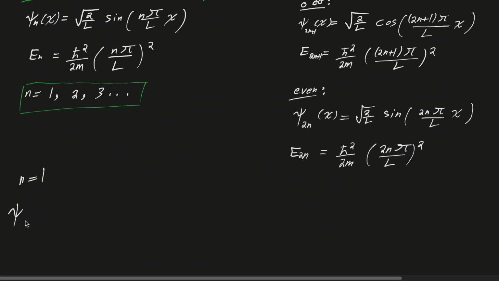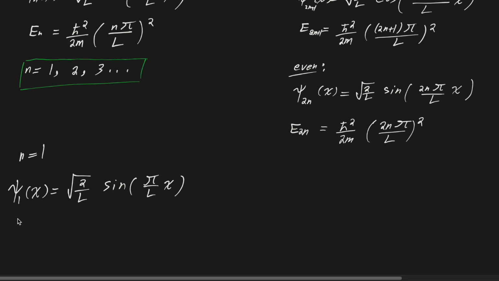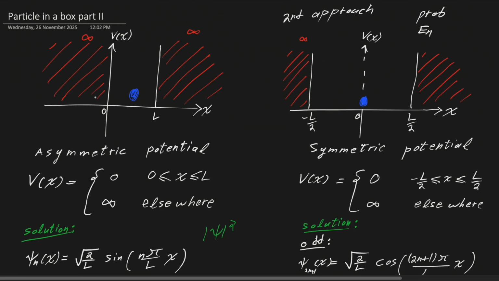So we'll have psi 1 of x equals the square root of 2 over L sine of pi x over L. So that's the solution, and the corresponding energy of this eigenstate is E1, which equals h bar squared over 2m times pi over L, all squared. So that's the solution that we get from the asymmetric well.